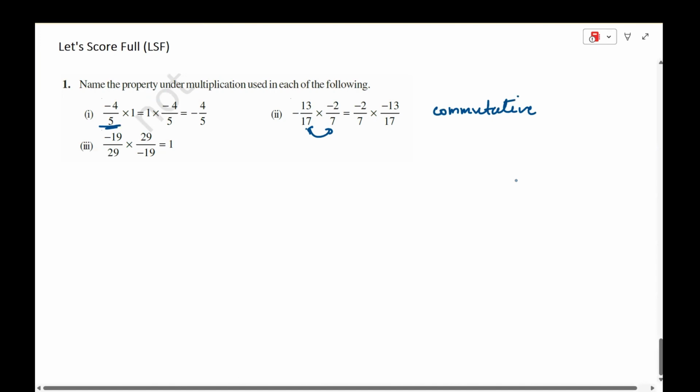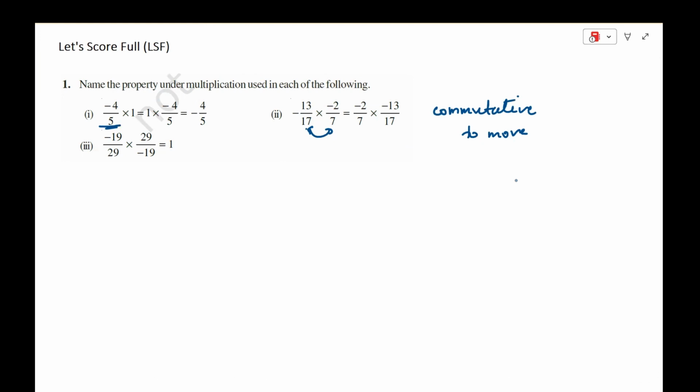Commute means to move. As the numbers have just been swapped, it is the commutative property. And as they are rational numbers, we will say commutative property for rational numbers.